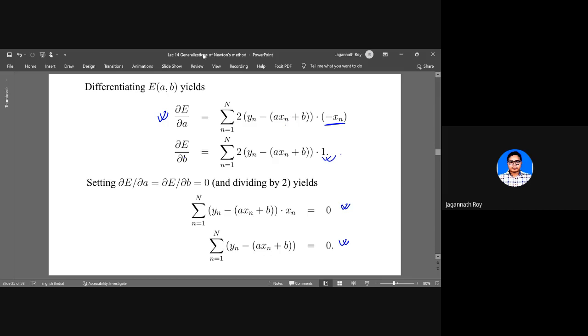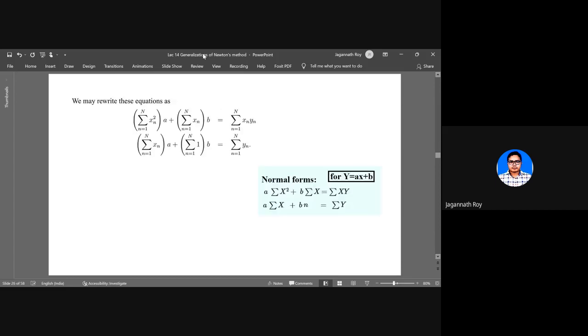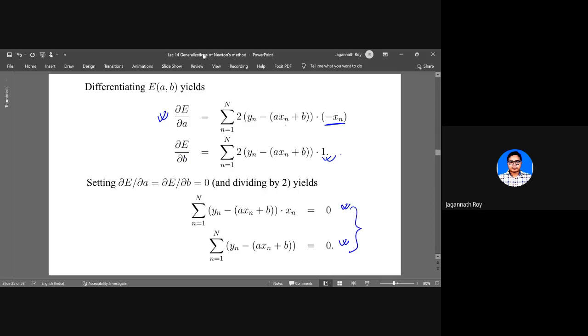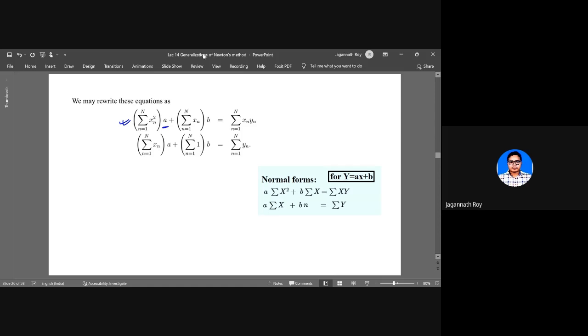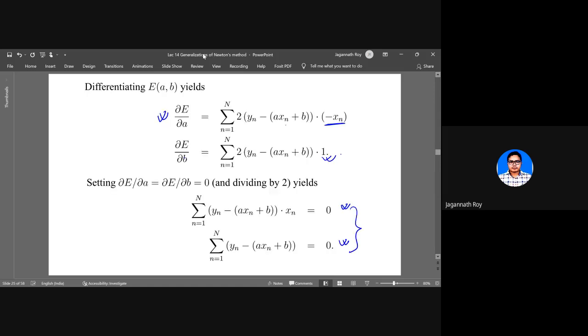Now, we will try to substitute the x values and separate the terms, writing this one on the right hand side, because our aim is to find a and b.